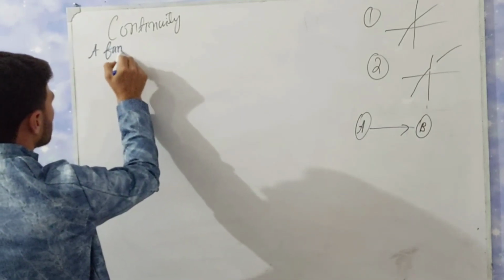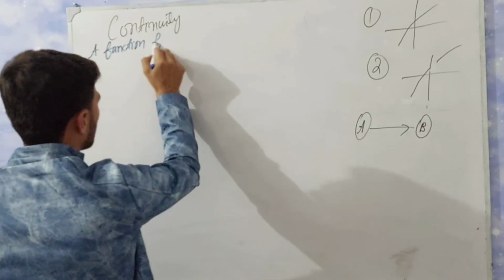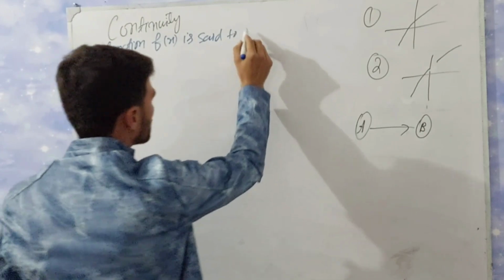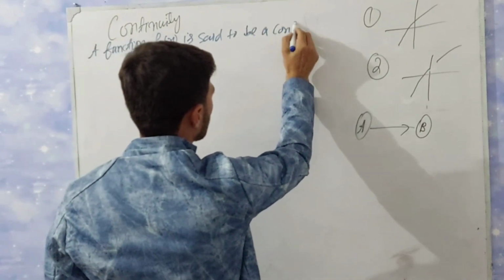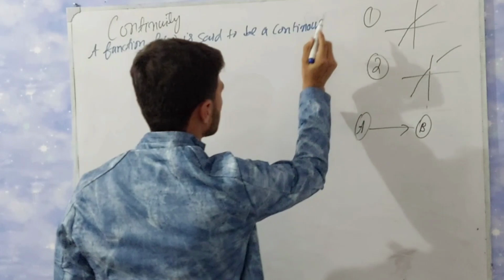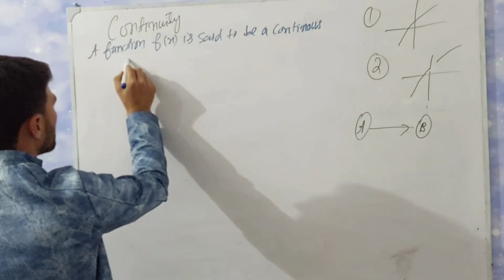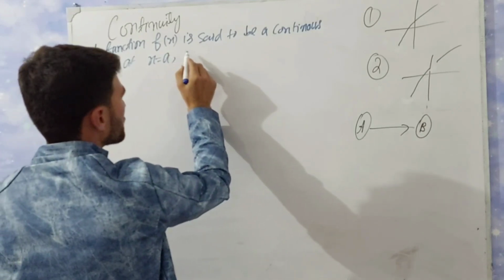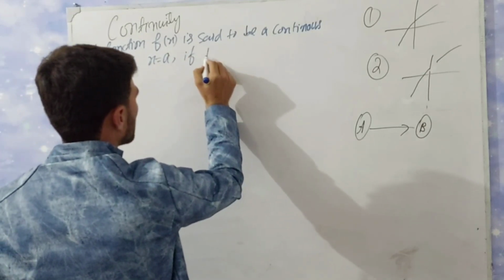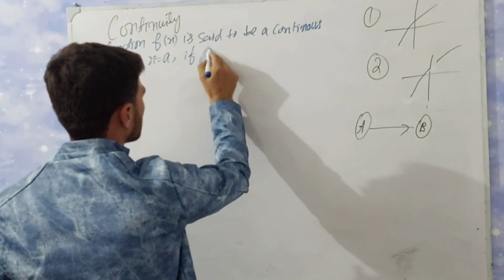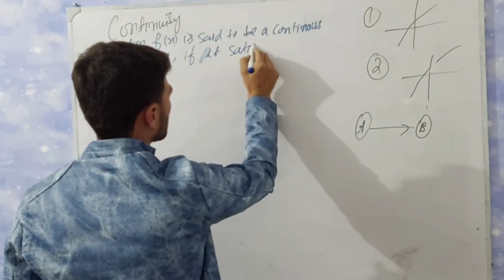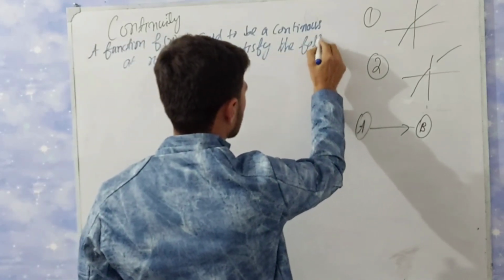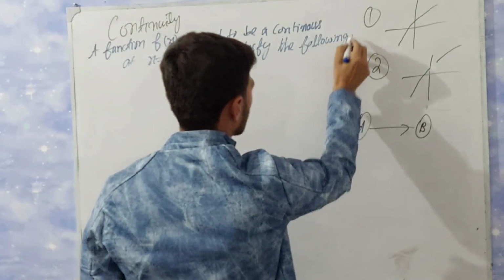A function f of x is said to be continuous at x is equal to a if it satisfies the following 3 conditions.